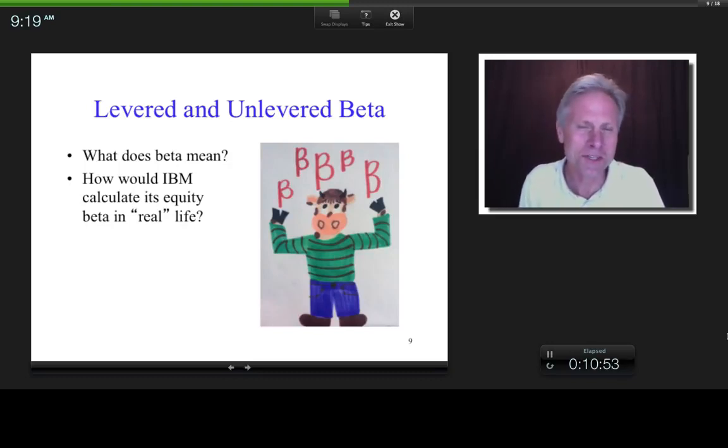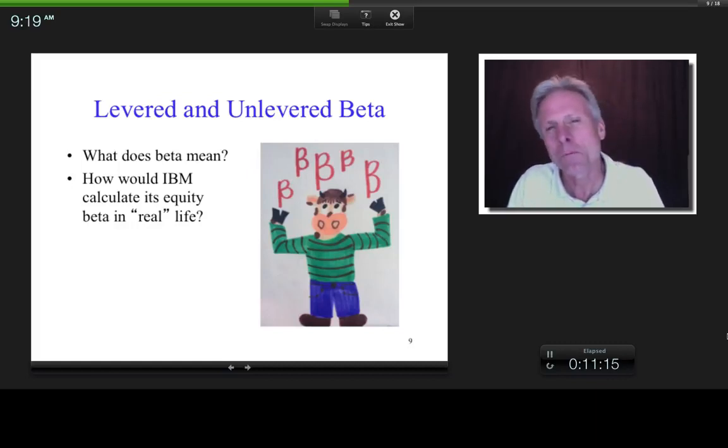Unlike stock prices, there's no ticker tape that says, hey, this is the beta right now. So think about what it means, the sensitivity to market movements. So what two things do we need? Well, we need something to proxy for the market, maybe the S&P 500 index or the New York Stock Exchange index or something like that. And then what else do we need?